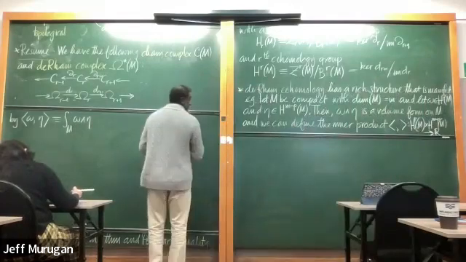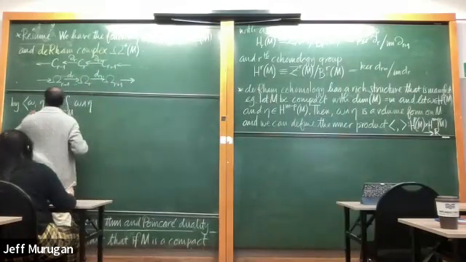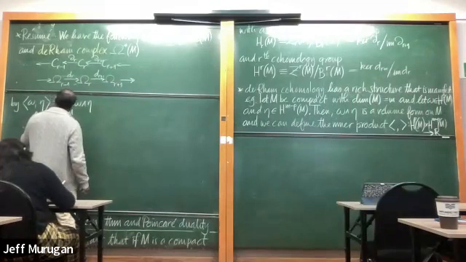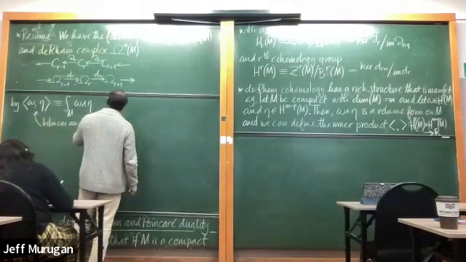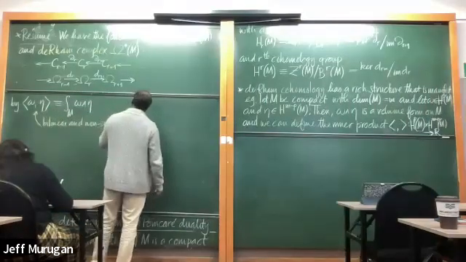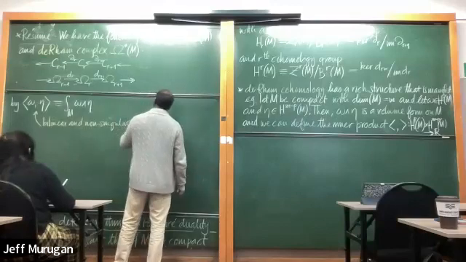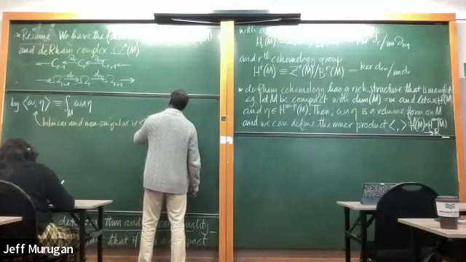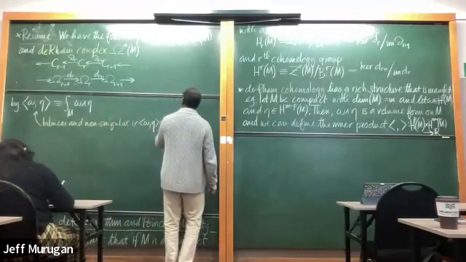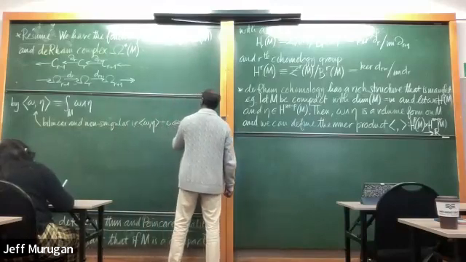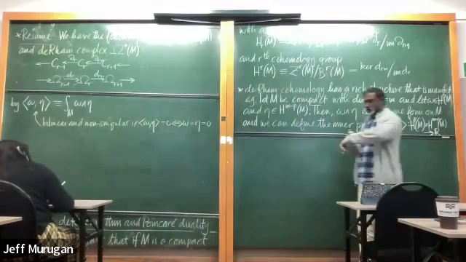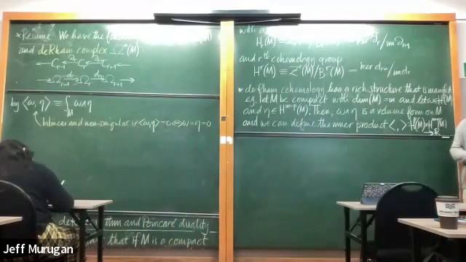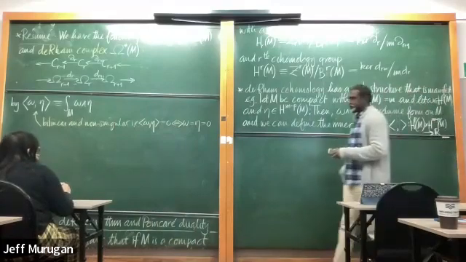The inner product is bilinear and non-singular, which means that, using the notation there, I really mean omega equals 0 and eta equals 0, because they're different manifolds.